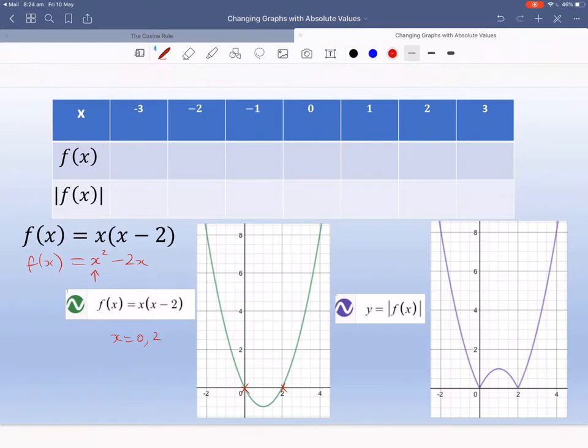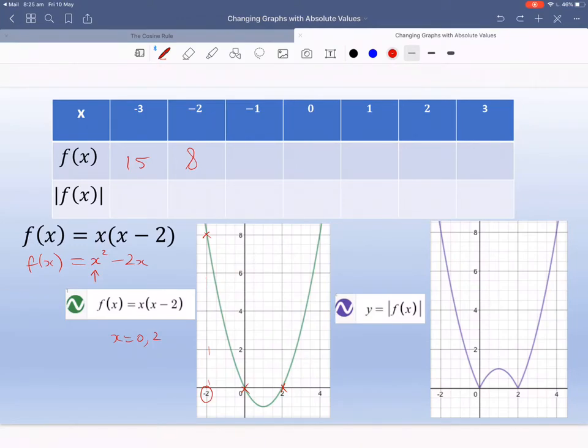So it will be 9 plus 6, which is 15. Then at minus 2, we get 4 plus 4, which is 8. And that's actually what we get here at minus 2. We get 8. All right, so that works.